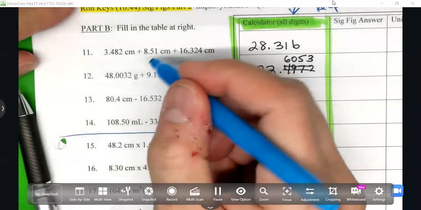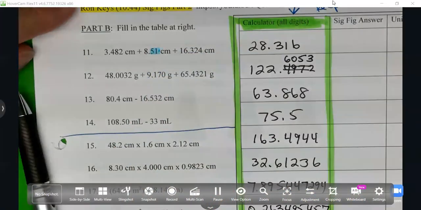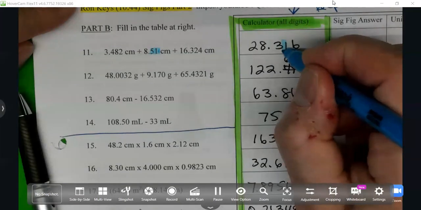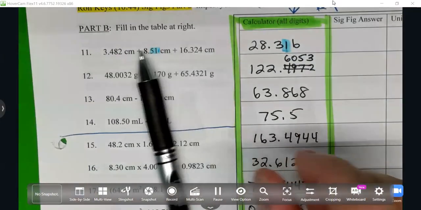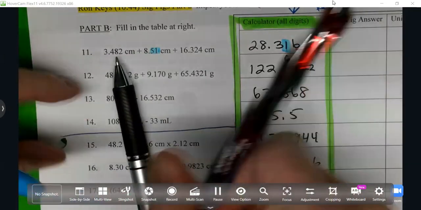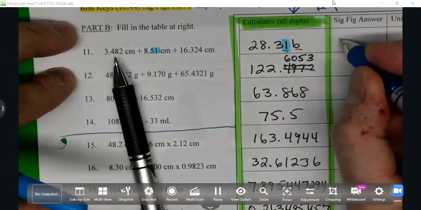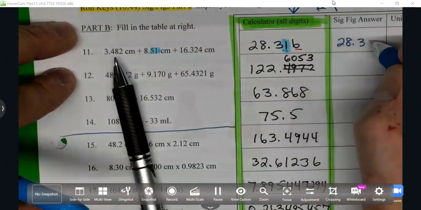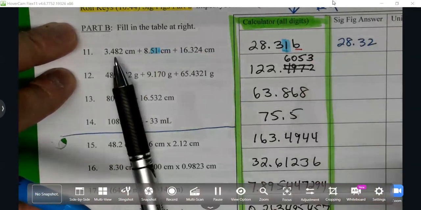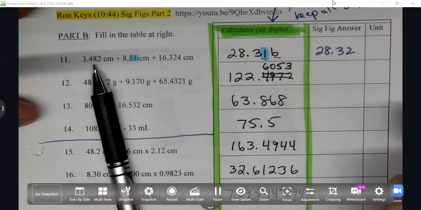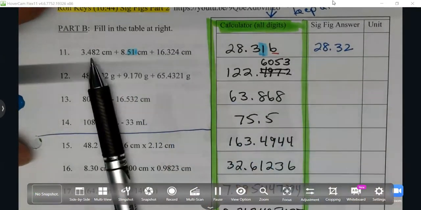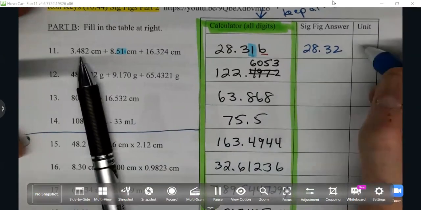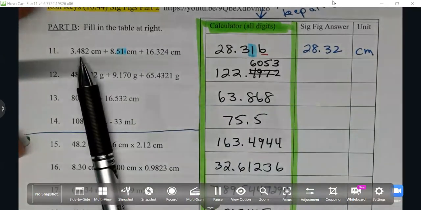Is the least here, right? So if we round this to 2 decimal places, that 6 is going to boost it up, right? So we are going to get 28.32. And for units, centimeters plus centimeters plus centimeters, you're still going to have centimeters, right?